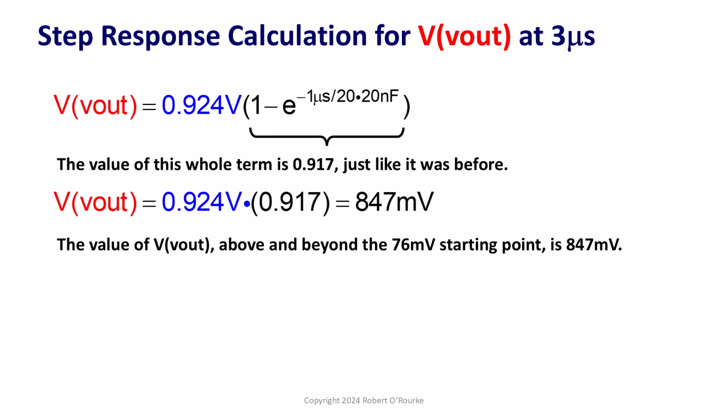924 millivolts multiplied by 0.917 equals 847 millivolts. This is the output voltage increase going beyond the 76 millivolts starting point voltage across the capacitor.